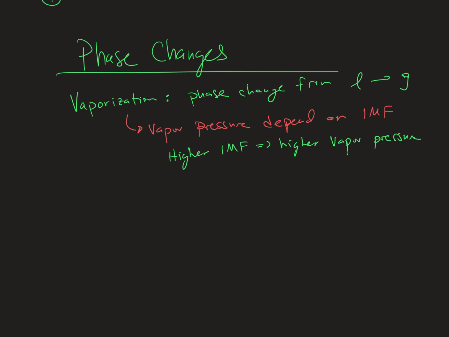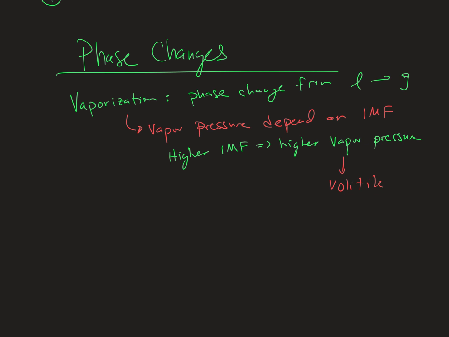We good? And vapor pressure is directly related to volatility. So if something has a high vapor pressure, is it more volatile or lower volatility?